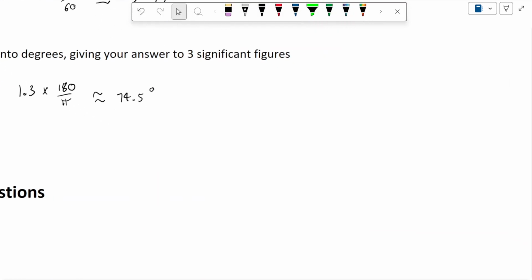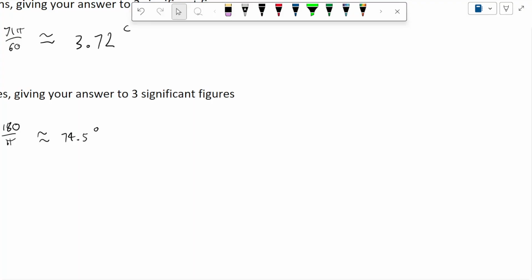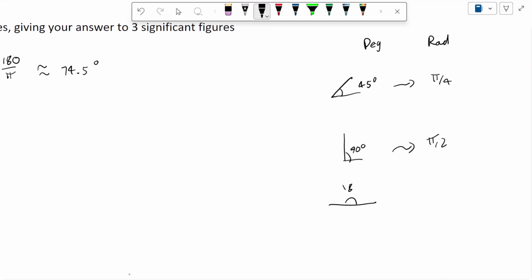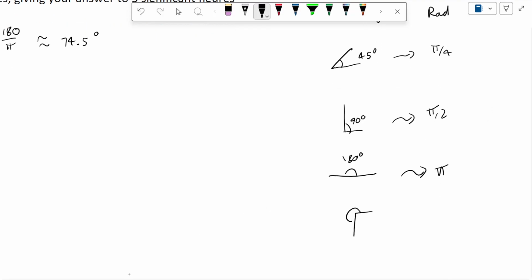What I also want to point out is just some really common ones. Something like 45 degrees is going to be pi over 4 radians. 90 degrees is going to be pi over 2. 180 degrees is going to be pi. 270 degrees is going to be 3 pi over 2.